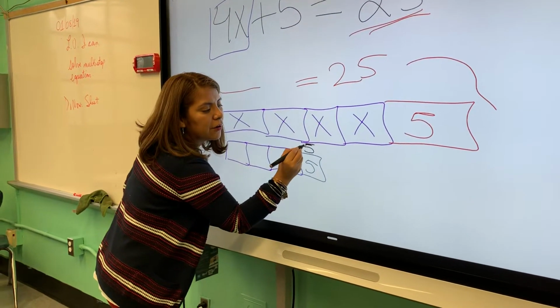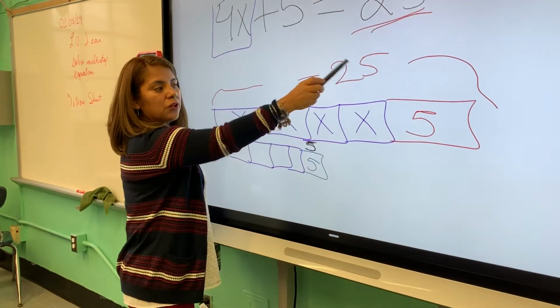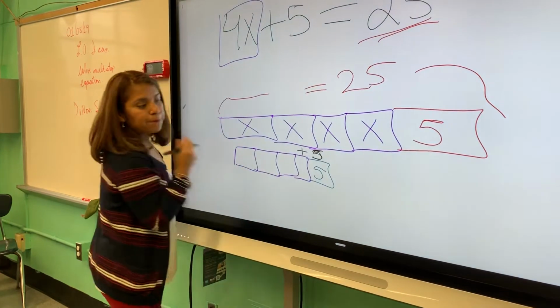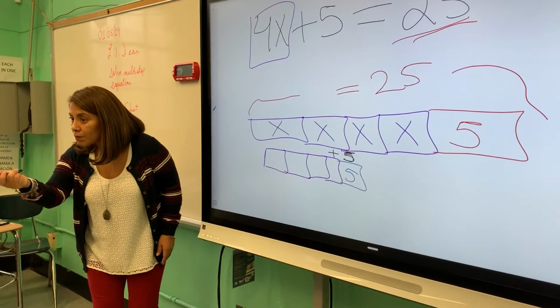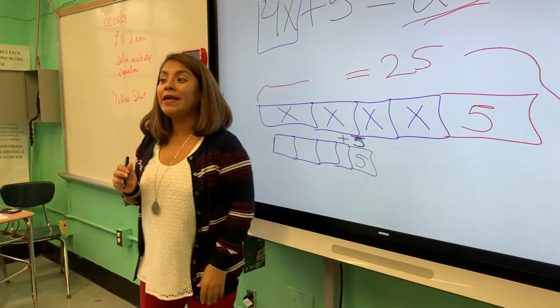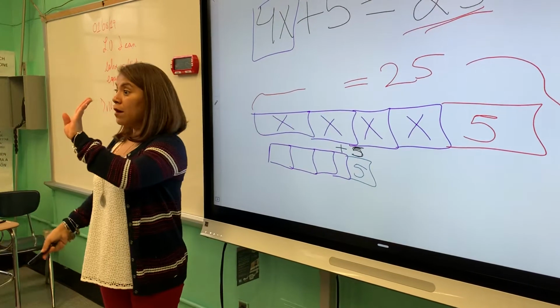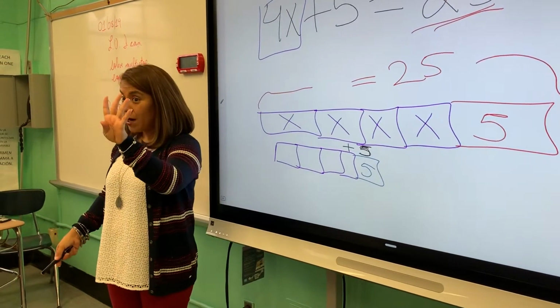From 5, in order to get to this 25, how many do I need? We need 4.